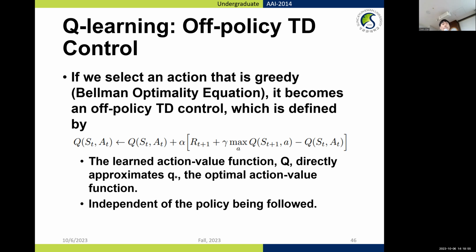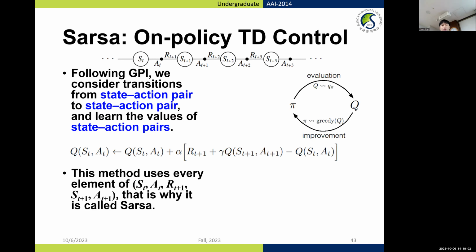So the idea here is simple. If you look at SARSA, when we try to update the action value function, we use the next state action value, right? But this action taken is based on the policy pi.